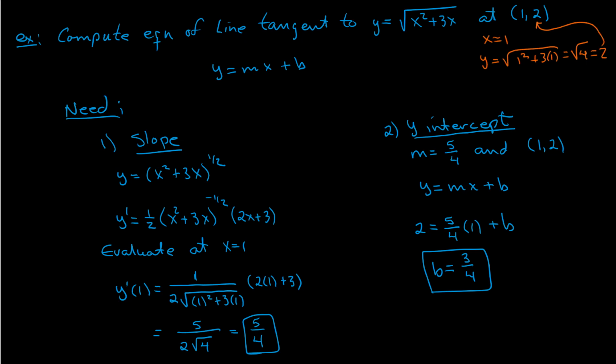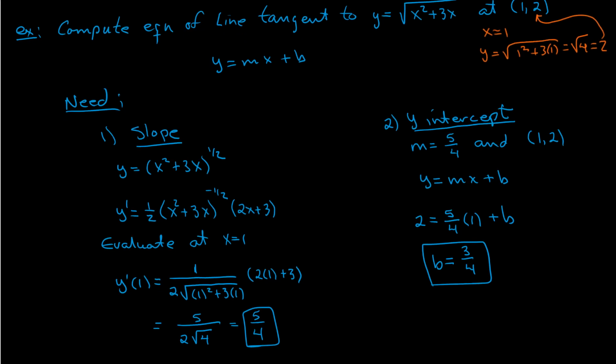To compute the slope, slopes are derivatives. Derivatives are slopes. I'm going to try and say that in every video from this point out when we're dealing with derivatives, to remind you that a derivative is a slope. It talks about how the y is changing with respect to how the x is changing.